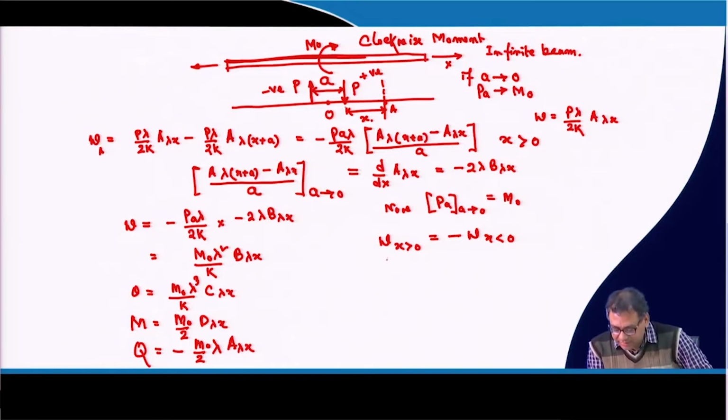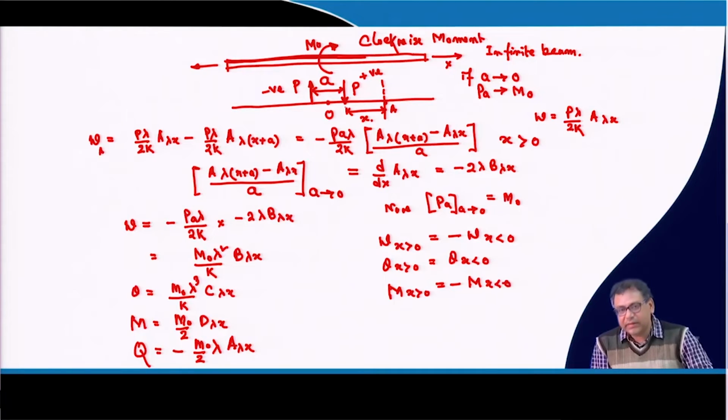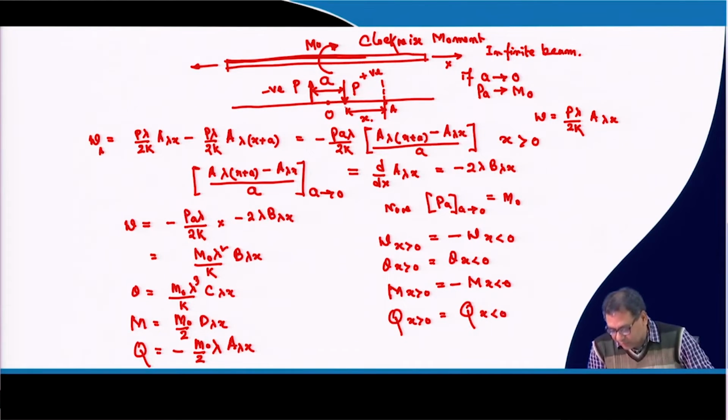So the slope for x greater than 0 will be the slope for x less than 0. Bending moment for x greater than 0 will be equal to minus M for x less than 0, and shear force for x greater than 0 will be equal to shear force for x less than 0.